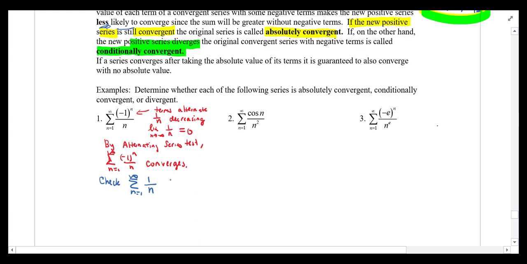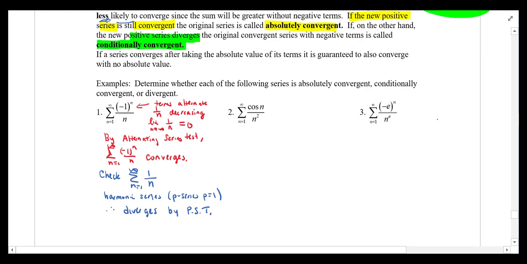I've seen it so many times. Yeah, this is a harmonic series, or some people call it a p-series, where p equals 1. So therefore, this diverges. You can say by the p-series test, or just say because it is a harmonic series.